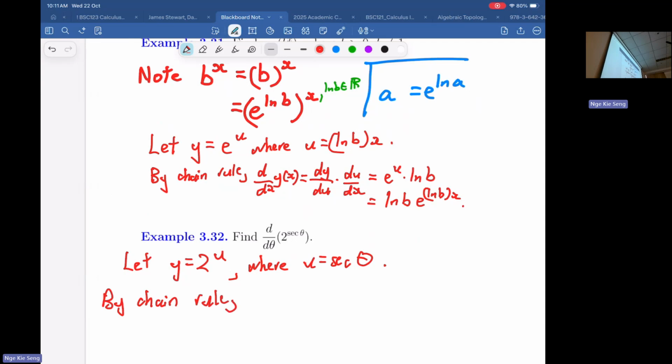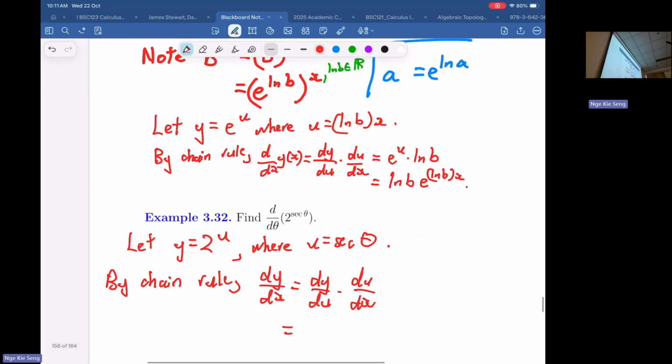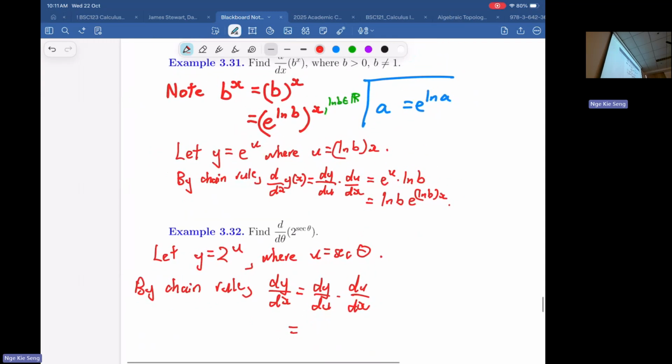The chain rule is dy over dx equals dy over du times du over dx. So for dy over du, you are differentiating 2 to the u. By example 3.31, what do you get? Can you apply 3.31 to get dy over du?